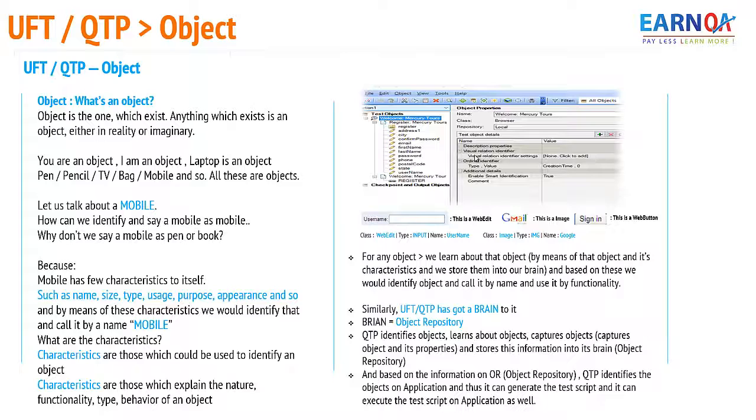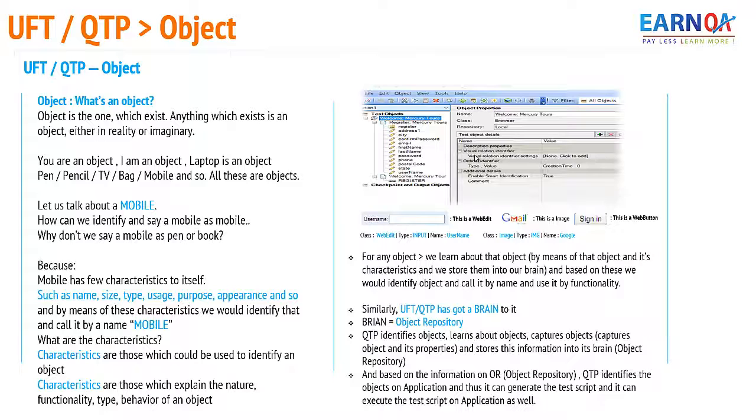By means of that, it identifies the application objects and stores the object information: what is the name, what is the class, what is the type, and other properties, whatever is necessary. Because of that, it is able to identify the application object successfully.